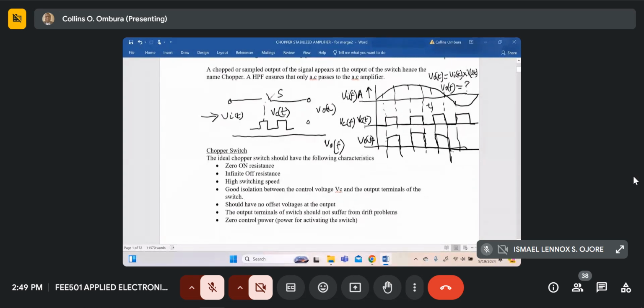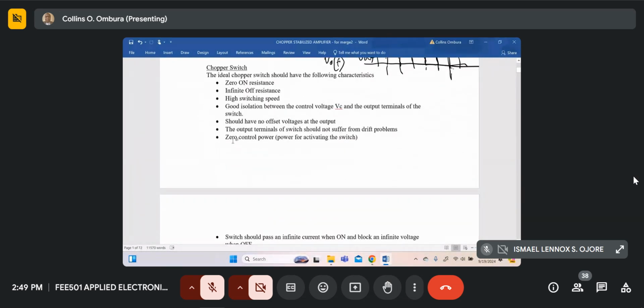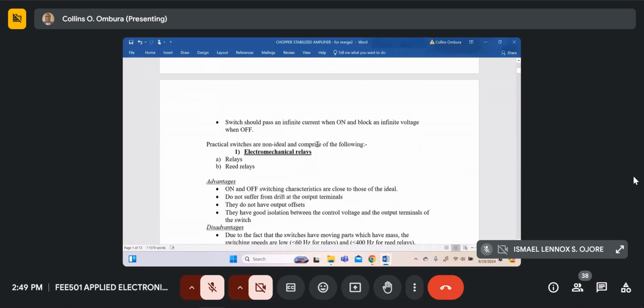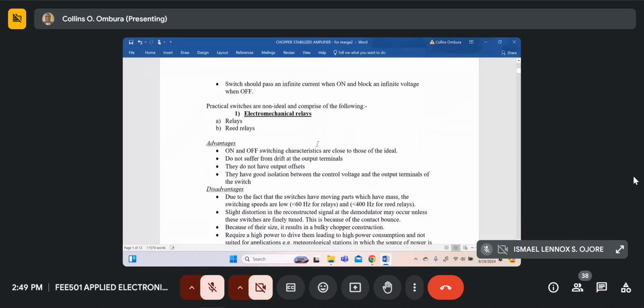And then, ideally, the switch should have zero control power. It means the power required to activate the switch should be zero, because we shall see later on that this is actually not the case. But here I'm talking about an ideal switch. Then we compare them with the practical switches. And lastly, the switch should be able to pass infinite current when on and block an infinite voltage when off. So those are the ideal requirements of the switch. But in practice, we deal with real components.